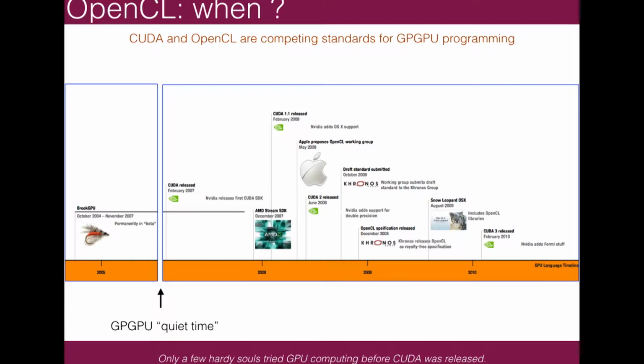So Apple pays attention and sort of forces the OpenCL working group, and you can see between May and October, so that's what, 5-6 months, they produce a standard. How do you produce a standard in 5 to 6 months in a committee with all these different stakeholders? You don't. You take an existing solution and you change the syntax. And we have OpenCL.